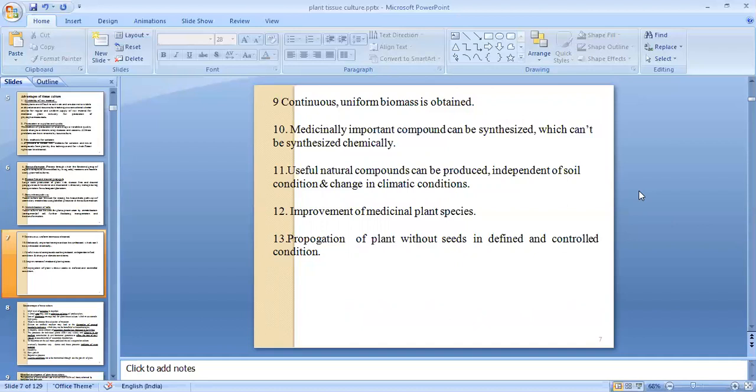And also you can improve the medicinal plant species by doing some genetic engineering techniques during the plant tissue culture. And propagation of plant without seed can also be controlled and done in a defined way. Okay, so these are all the different advantages of plant tissue culture.